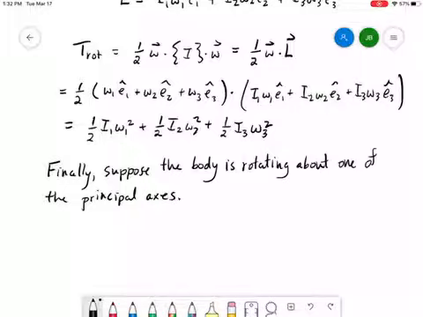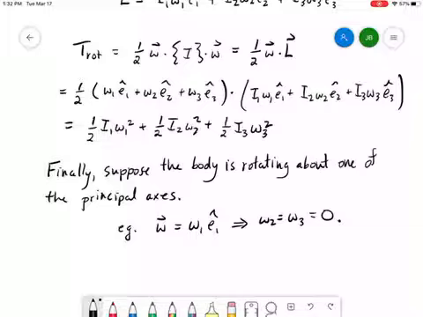Okay, so as an example, we could say that our omega vector, our angular velocity, is along, say, the first principal axis. And then omega 2 is equal to omega 3 is equal to 0.